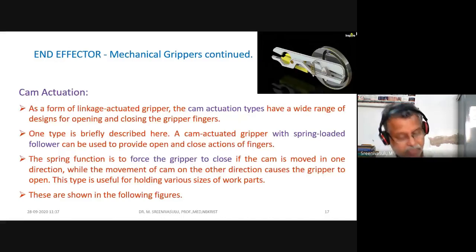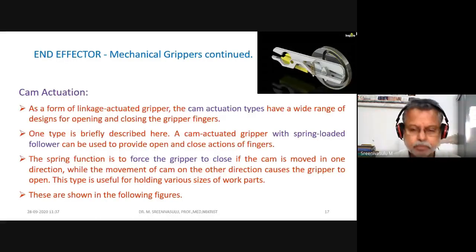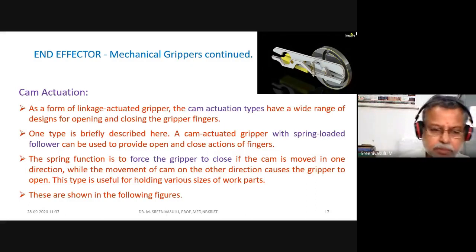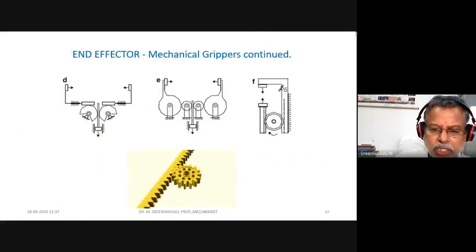The follower is going to rise. That is how the cam is going to make some other link activate. Similar to the examples I showed earlier, I can show you more.